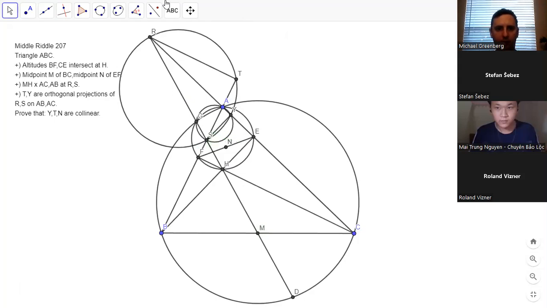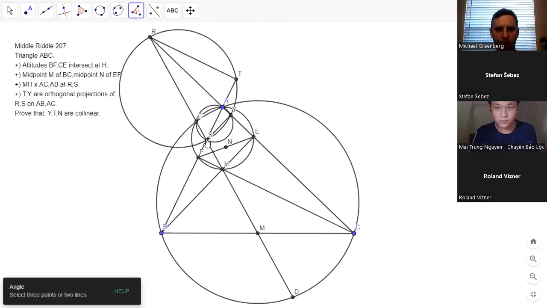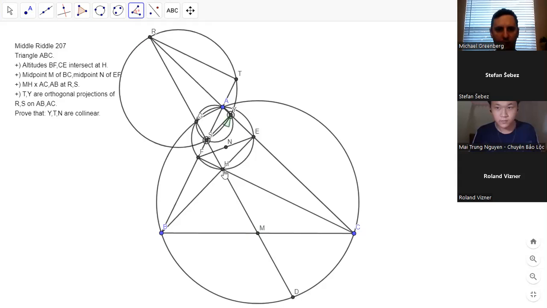But we should have this angle equal to this angle. Oh, I did it the wrong way again. I think this should be the same thing. Yes. We have to prove that.